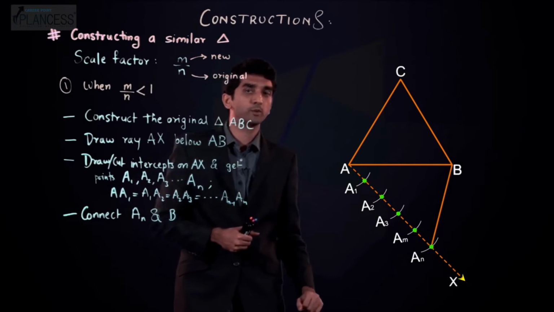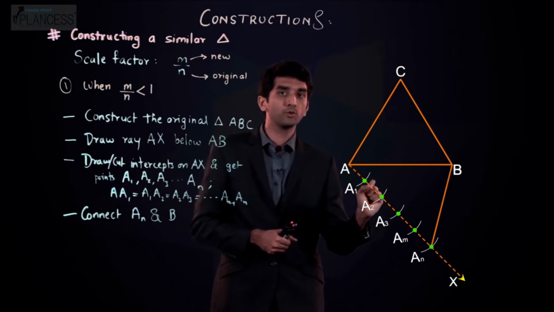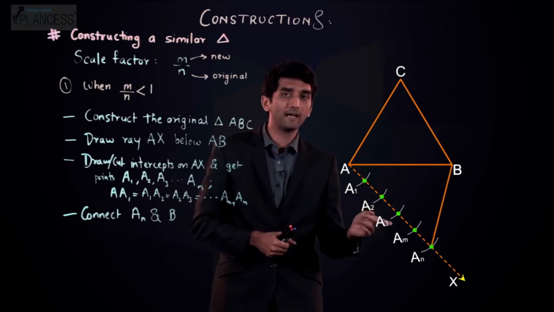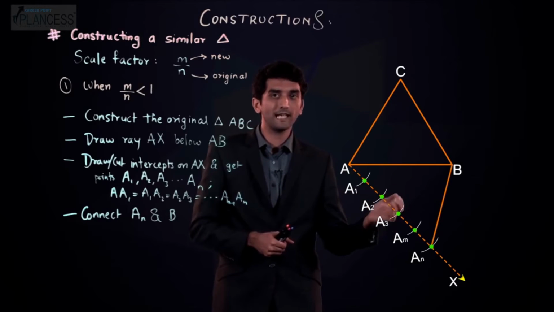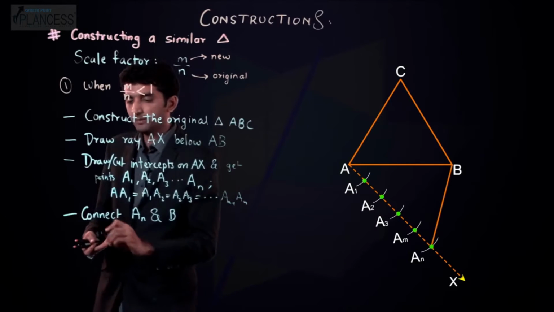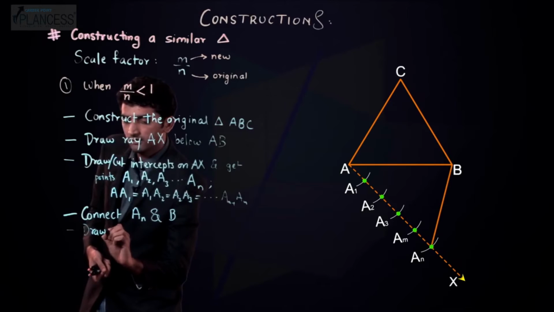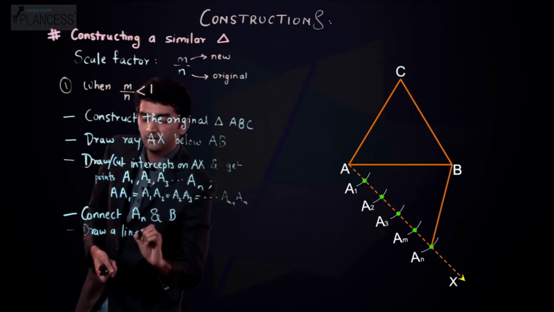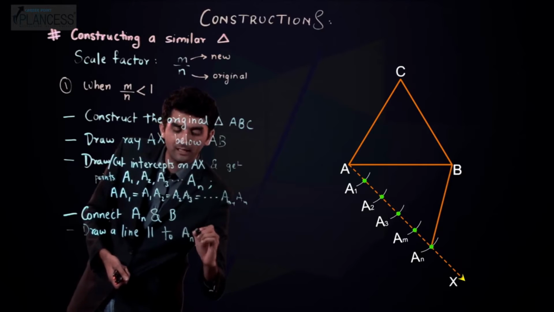Now from point AM, what we have to do is draw a line parallel to this recently joined segment ANB. We have to draw a line parallel. So the next step would be draw or construct a line parallel to this newly drawn segment ANB.